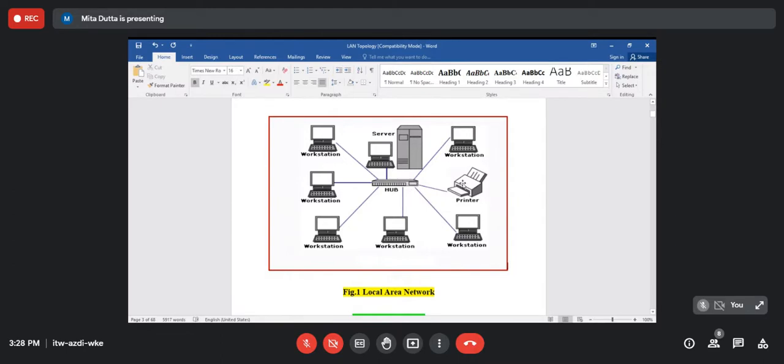We can connect a printer to the network through a network interface card, and we connect nodes to the network through a network interface card, and of course we need a cable. So this will be the overall configuration of a local area network. Here one computer is designated as a server, other computers are designated as workstations, and each workstation is provided with a network interface card.